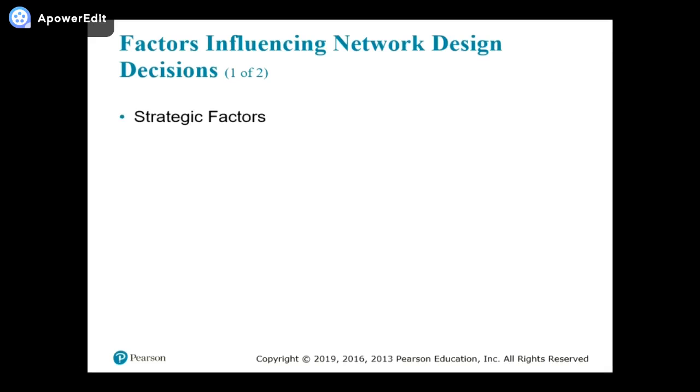So, what are the factors that determine the best network design? First of all, we need to consider the competitive strategy of the supply chain. The supply chain strategy will determine, in general, what goal the network design decisions should serve.